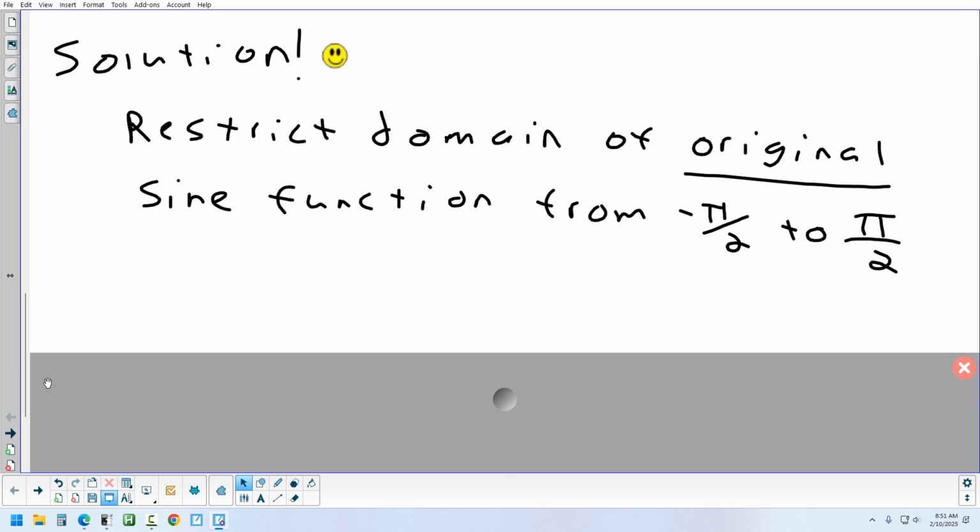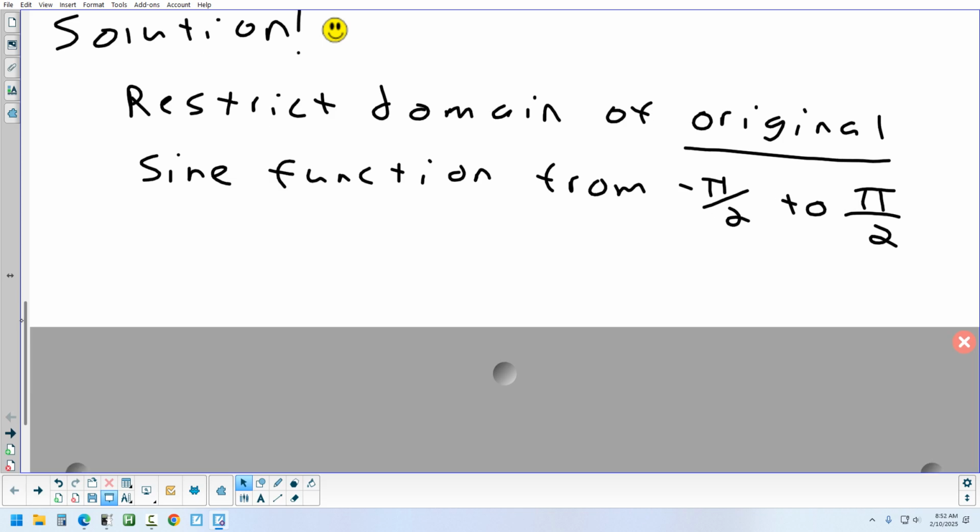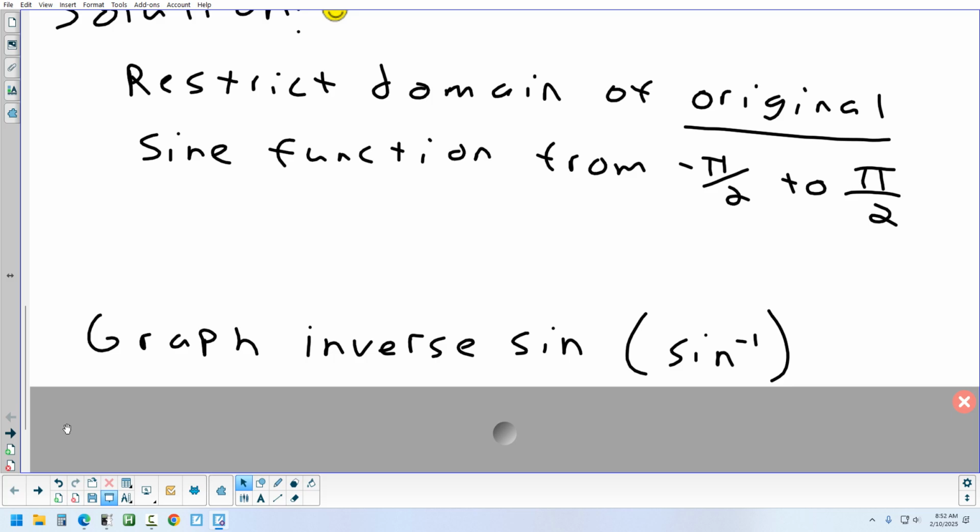All right, any questions on that part? Okay, so now let's graph inverse sine. Let's see what it looks like. Remember, when we write inverse sine, we usually don't write it out in words. We usually just put the sine with the -1. What's another way you can write inverse sine that I mentioned last week?